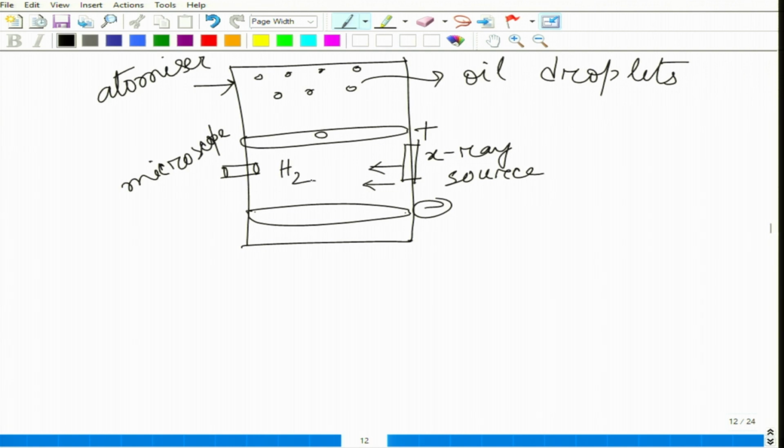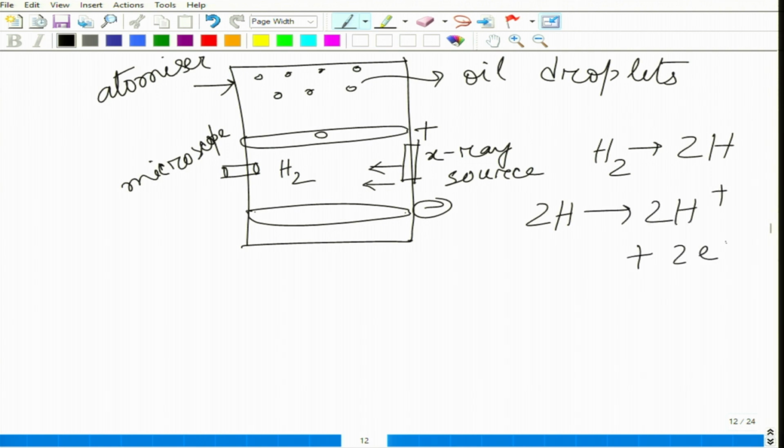Let's consider H2. What we had studied in the cathode ray experiment, that H2 can generate 2H+, so the gases will release electrons.